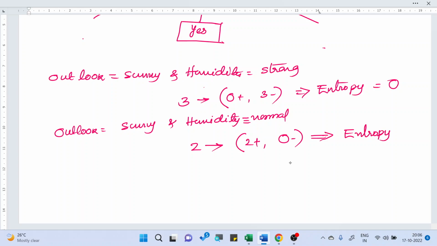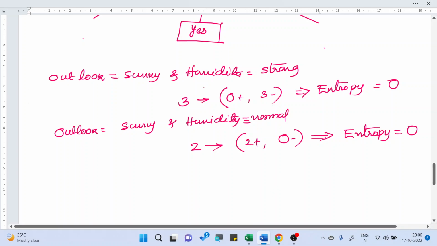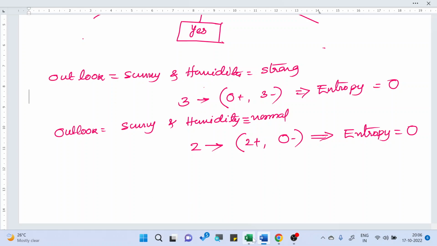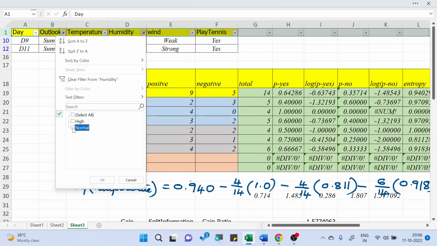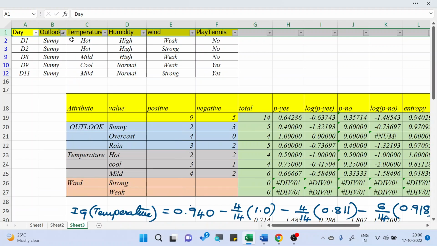What is the total entropy here now? Earlier total entropy was 0.940, but now I am calculating only for outlook is equal to sunny. So, 5 examples, out of that 3 are negative, 2 are positive.